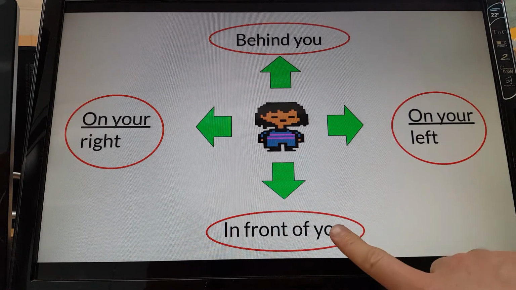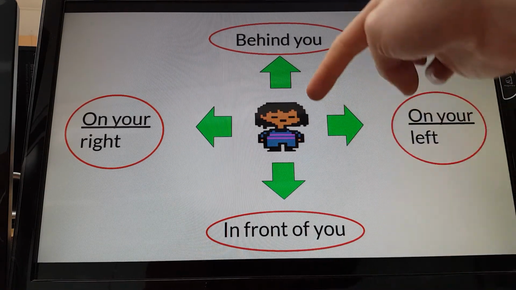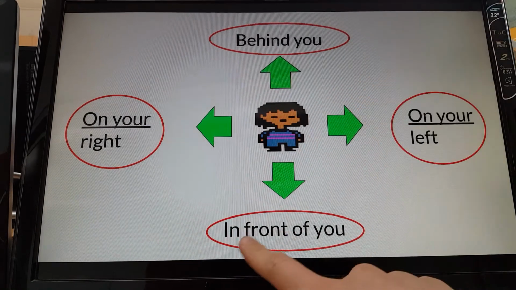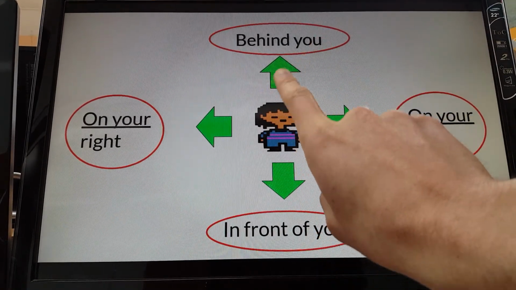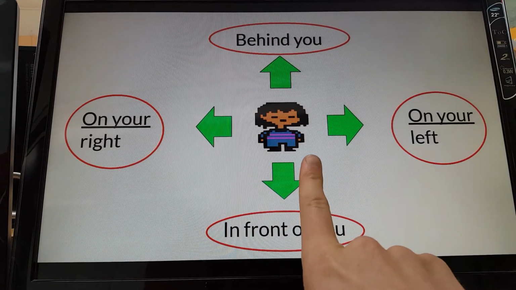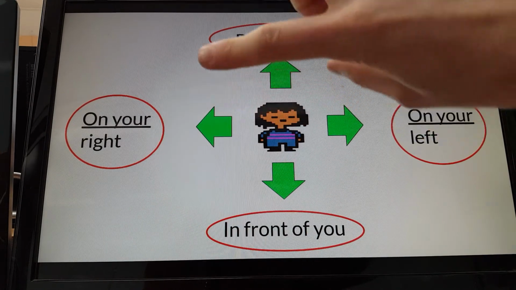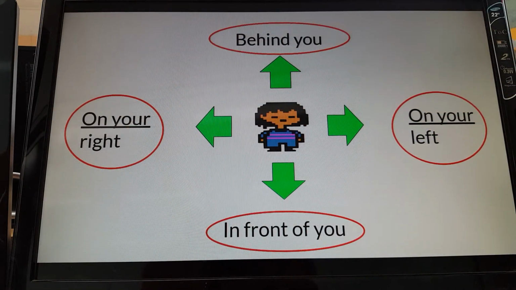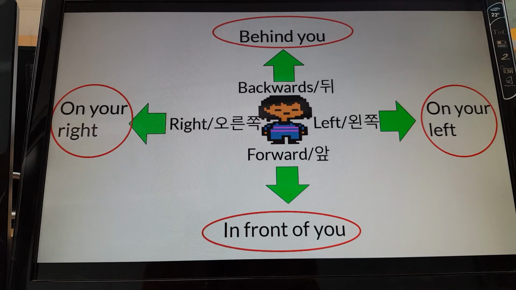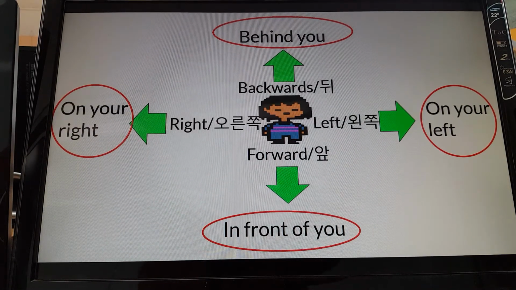So again, in front of you, forward, in front of you, backward, behind you, left, on your left, right, on your right, like that. And here is the full diagram. Left, on your left, right, on your right, backwards, behind you, forward, in front of you, like that.